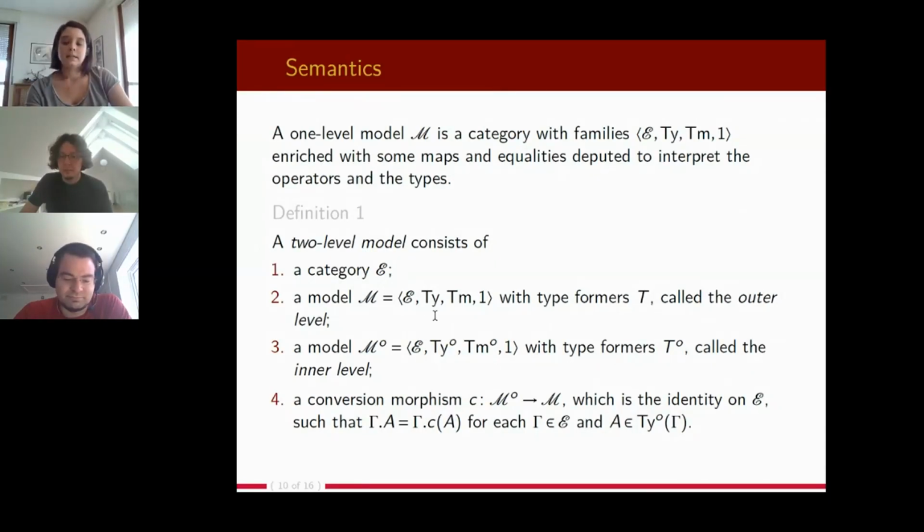C is the identity on the category E, but we have that for each gamma in E and for each A in TYO of gamma, gamma.A is equal to gamma.C of A. So the two context extensions are the same. They give rise to the same object in the category.